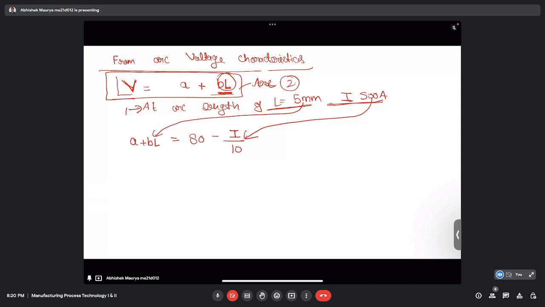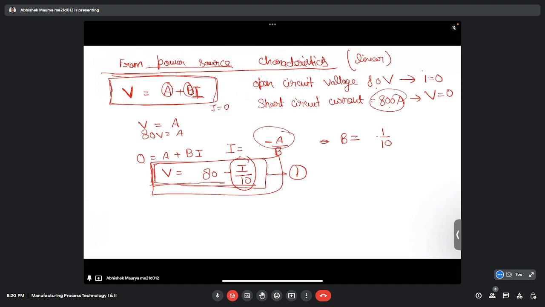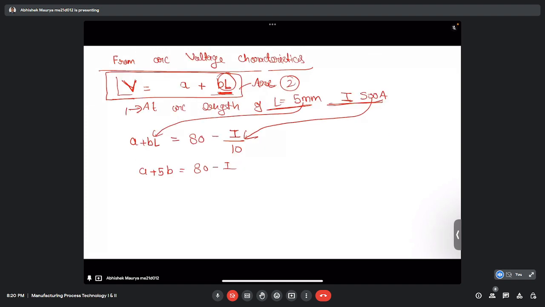What we will get is A plus 5B is equal to 80 minus I by 10, so A plus 5B is equal to 80 minus 500 by 10.